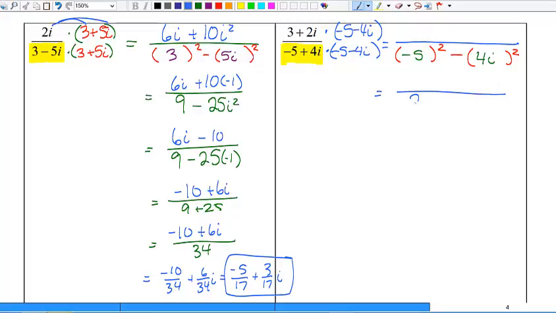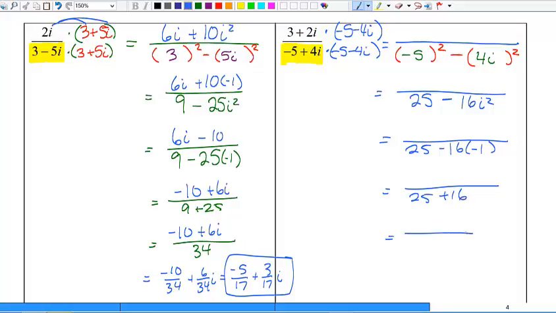So negative 5 squared gets me positive 25, minus, because there's a minus in the formula, 4i squared, that's 16i squared. Now we know that i squareds turn into negative 1, which is 25 plus 16, or 41.